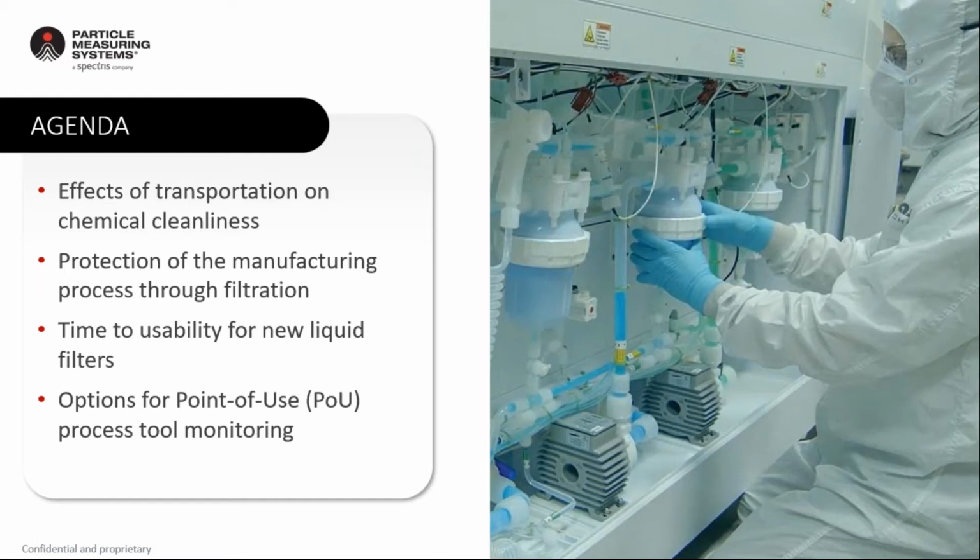So this is measuring the amount of particles added to the process chemical from the shipping containers that they're transported in. Protection of the semiconductor manufacturing process through filtration and the timed usability, or the cleanup time, for new liquid filters after installation. And we'll cover also some options for point of use monitoring for process tools and the benefits of doing so.